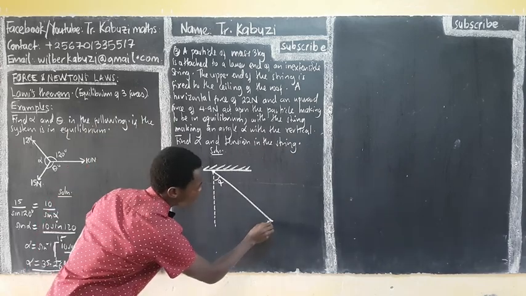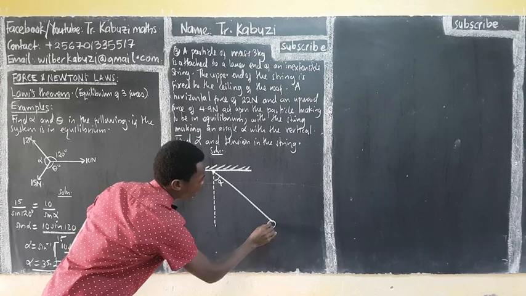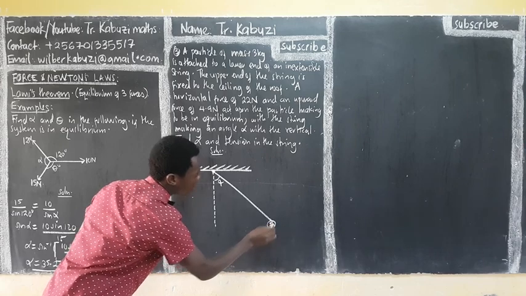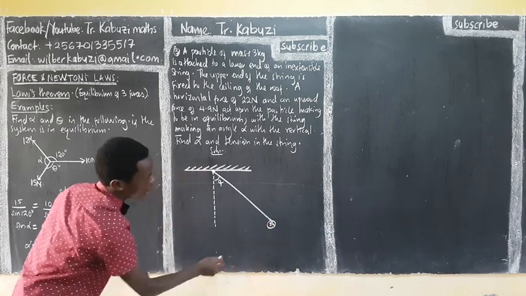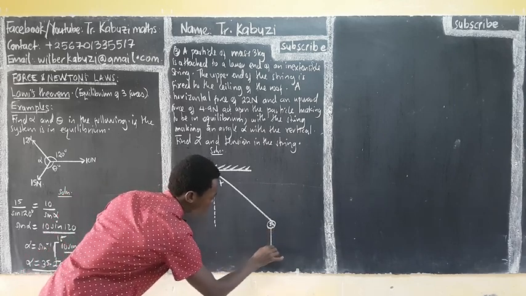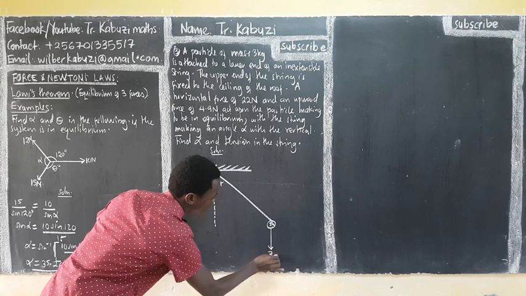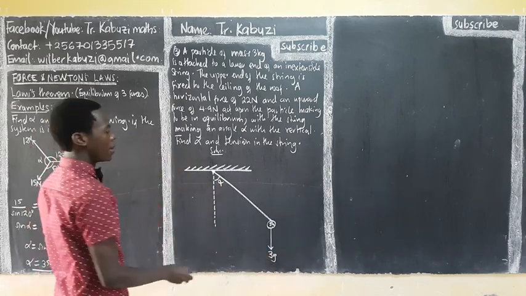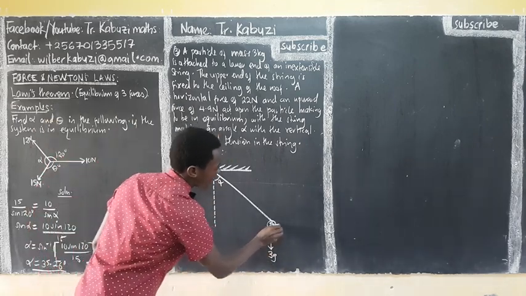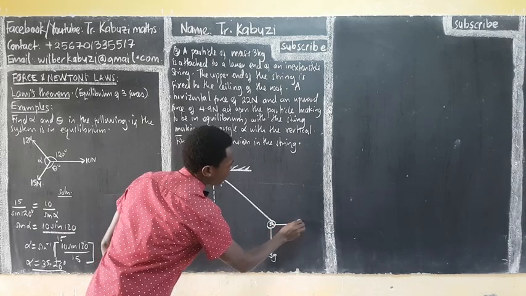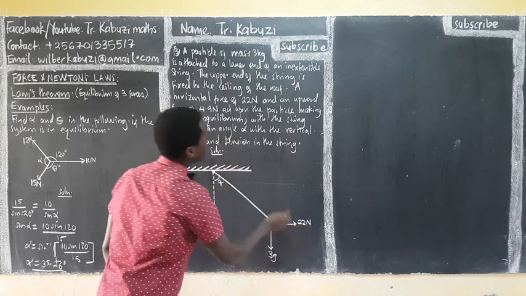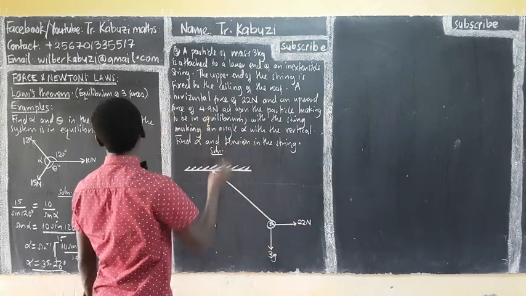Now this is going to be the particle, which is 3 kilograms. Of course, we expect its weight to act on it, which is going to be 3 kilograms times g. Now, there is a force pulling this particle, and this force is 22 newtons because it is the one acting horizontally.